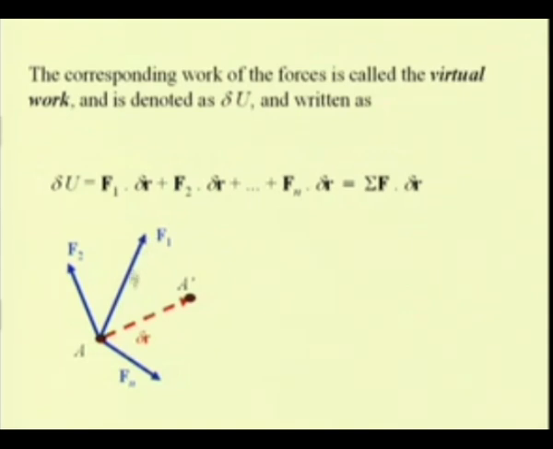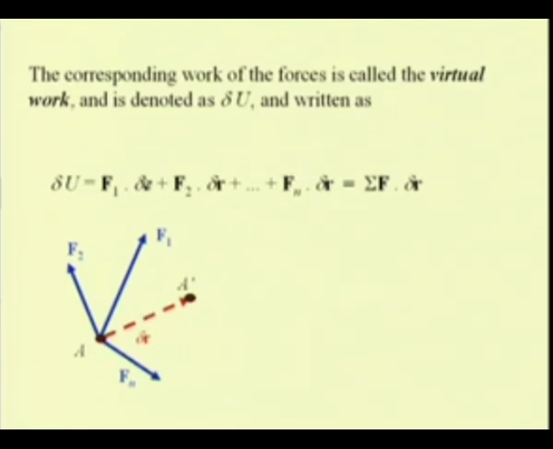For this force F1, the work done due to this virtual displacement delta r is nothing but F1 dot delta r, and in the same way for other forces we can write the virtual work as F2 dot delta r and so forth. If we have n number of forces, we have n number of terms giving the total virtual work done by this set of forces.